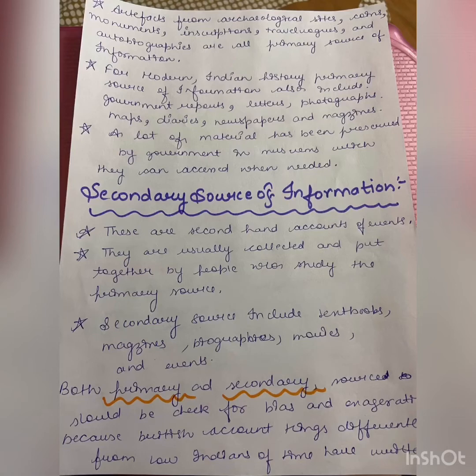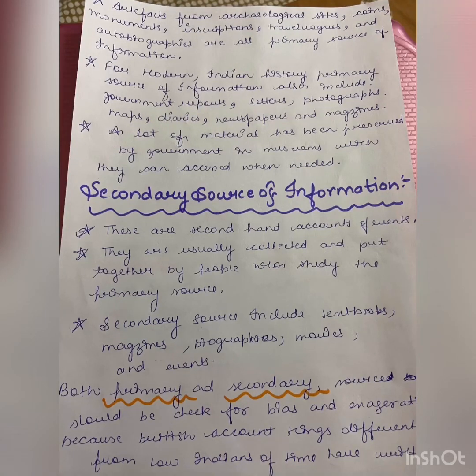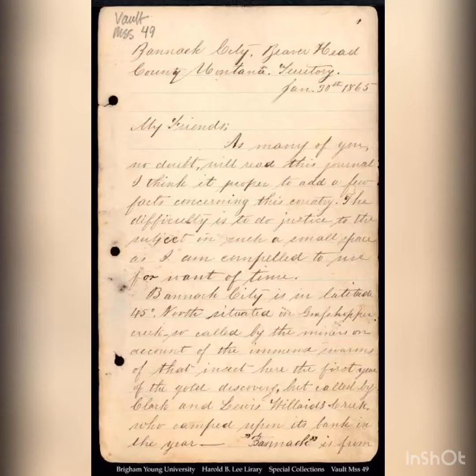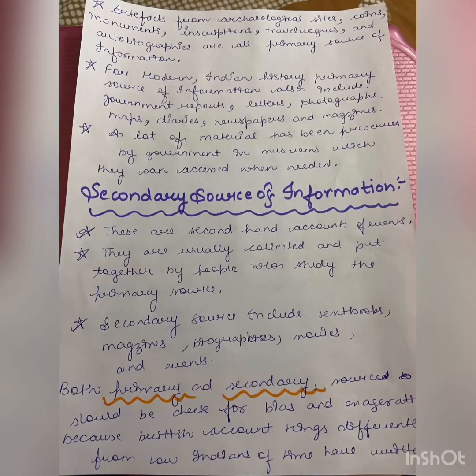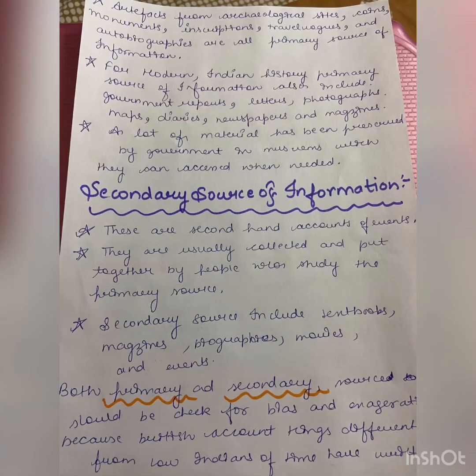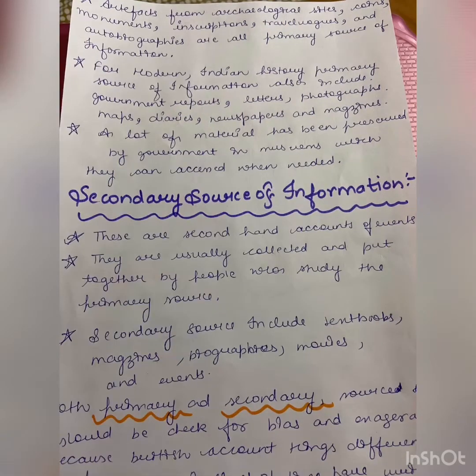For modern India, primary sources also include government reports, letters, photographs, maps, diaries, newspapers and magazines. A lot of material has been preserved by the government in museums, which can be accessed when needed.